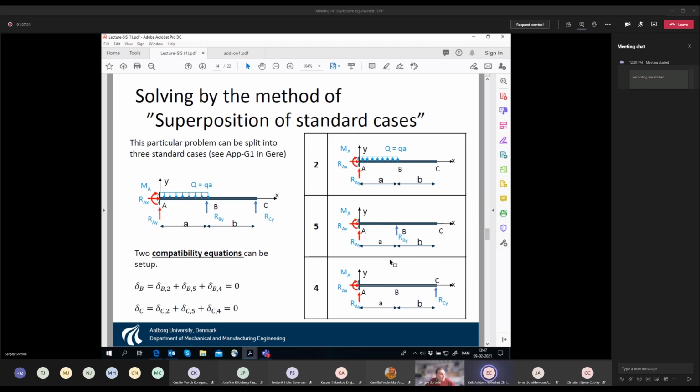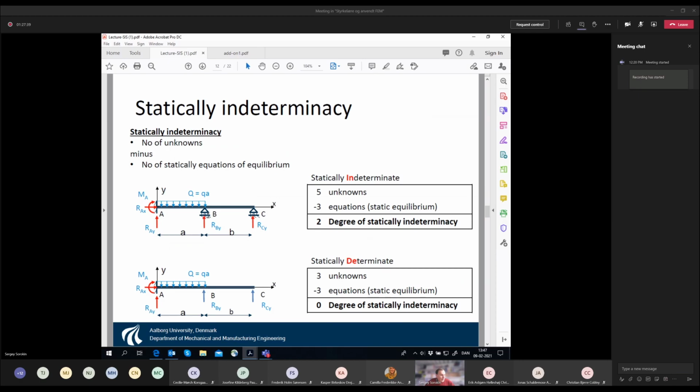But in the example of the hanging beam with the wires, you use the compatibility equations to find the forces based on deformation. Yeah, but here deformation is 0. This is the point, because in this example we just say that this point can't move upwards, it can't move downwards, right?